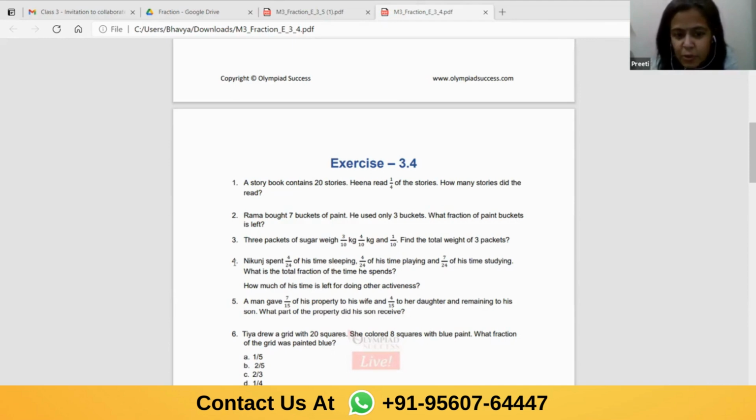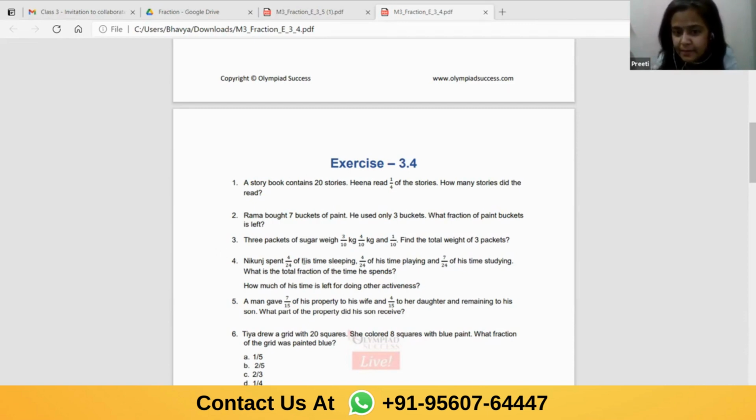Okay, chalo, let's move on to question number 4. Nikunj spent 4 by 24 of his time sleeping, 4 upon 24 of his time playing, and 7 by 24 of his time studying. What is the total fraction of the time he spends?